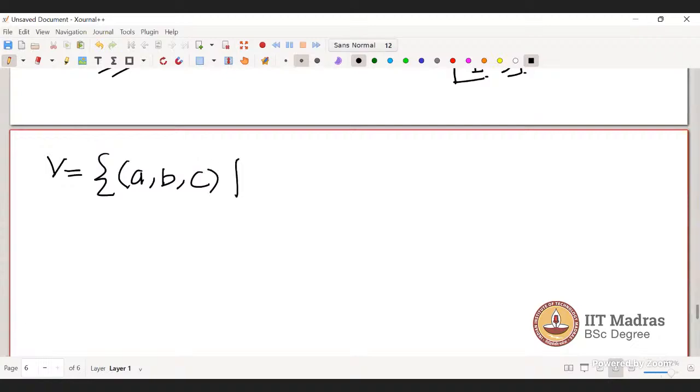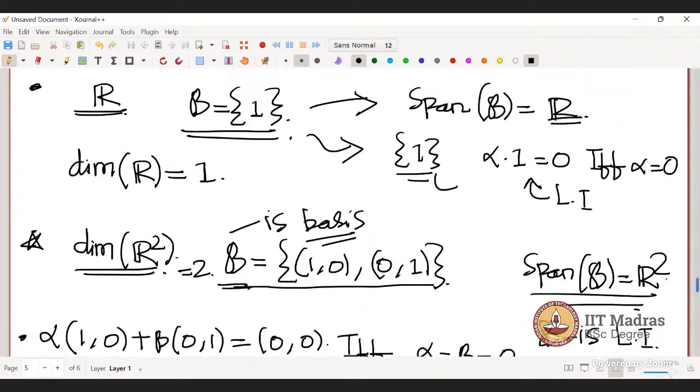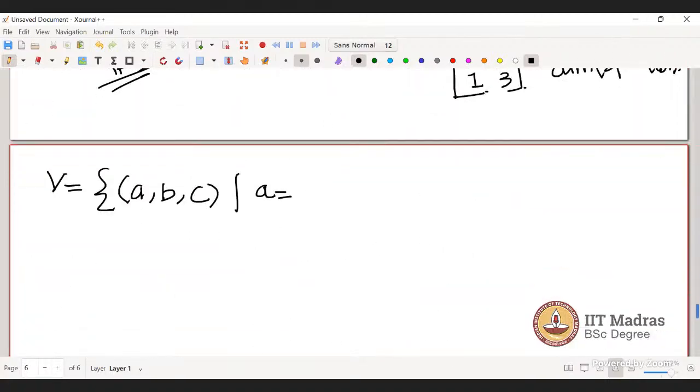So this is my space, right? Say some condition is there: a plus b equals c.